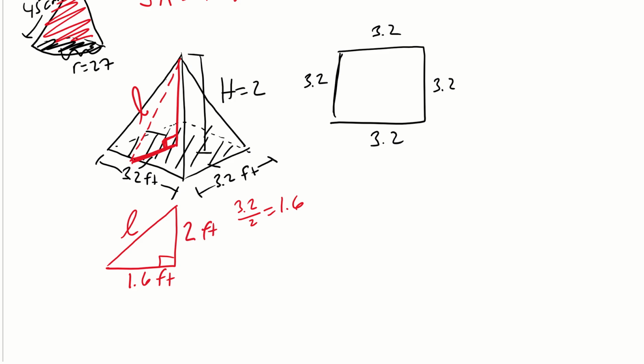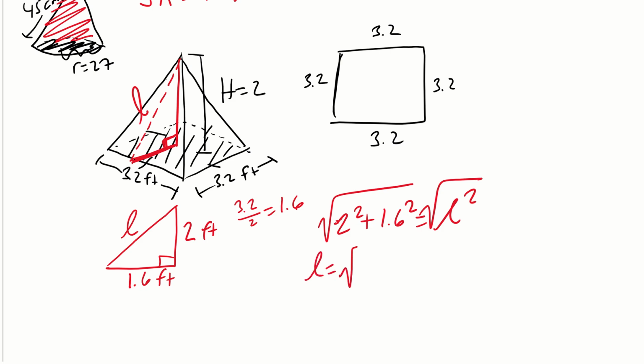So in order to get L, we need to use Pythagorean theorem. All right, so 2 squared plus 1.6 squared equals L squared. And then we could just take the square root of both sides, okay? So L equals the square root. That's a cursive L. We got 2 squared is 4, 1.6 squared.